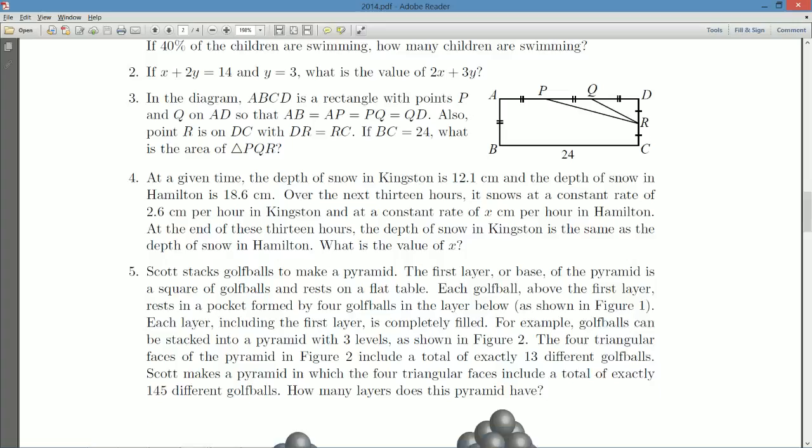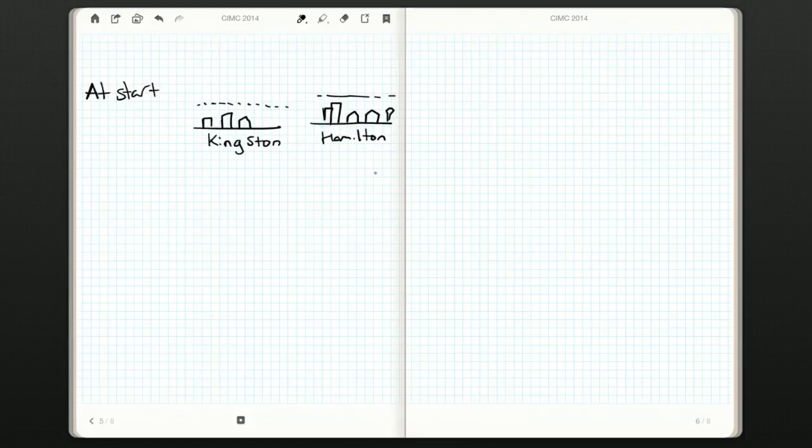So Kingston starts at 12.1 centimeters. Hamilton starts at 18.6 centimeters of snow.